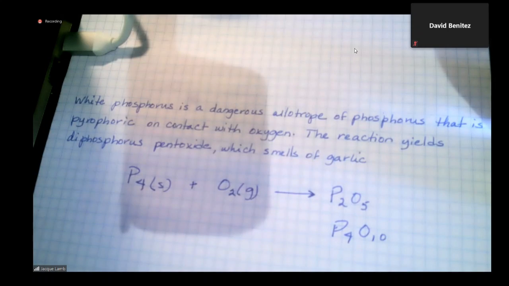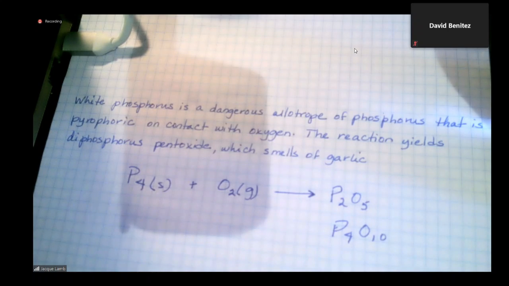And believe it or not, in just a contrarian way, chemists will call P4O10 diphosphorus pentoxide as well, because it's named for its empirical formula, not for its molecular formula.